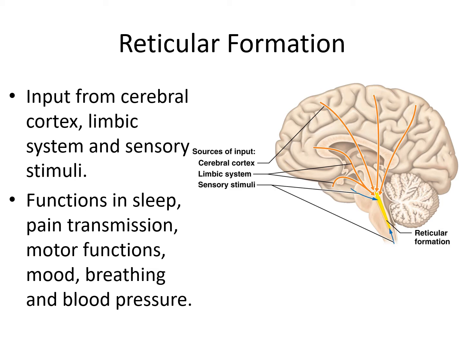So it feeds information from all different parts of the brain. It functions in sleep, pain transmission, of course motor functions, mood, breathing, and blood pressure. So it has a wide variety of functions in controlling the body.